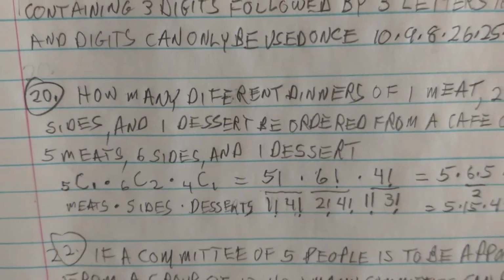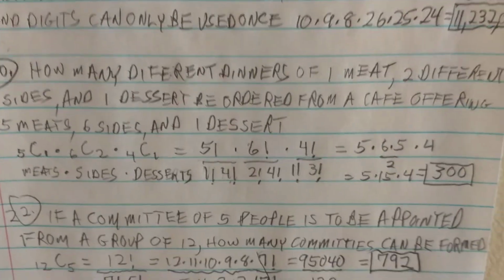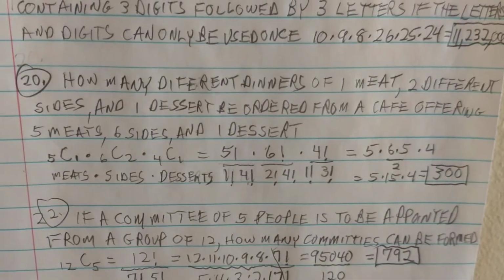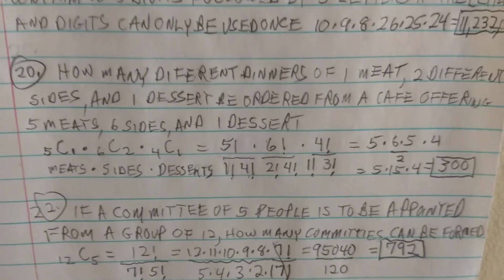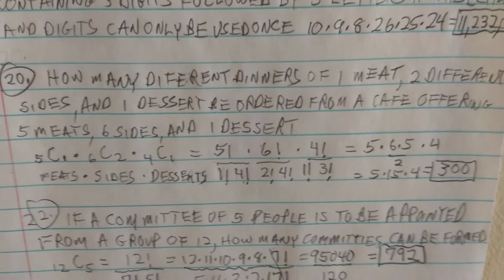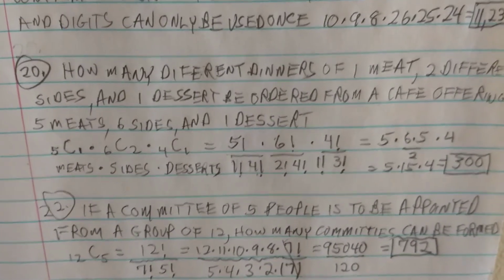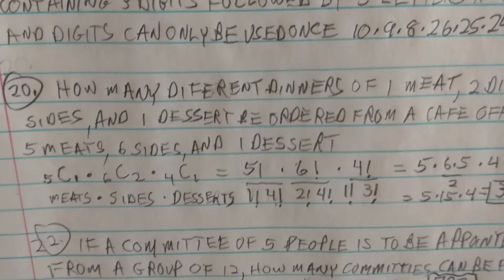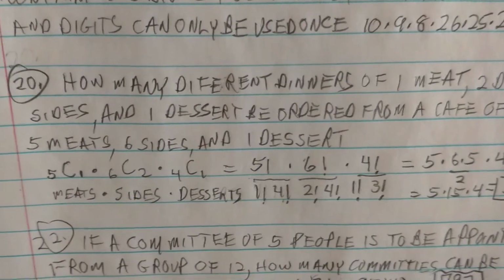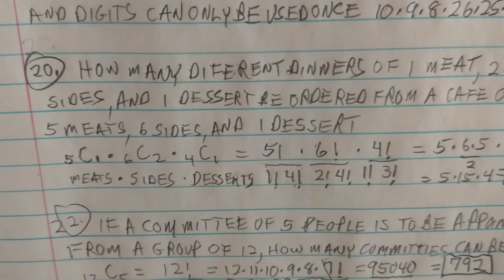Now on 20, how many dinners of 1 meat, 2 different sides, and 1 dessert can be ordered from a cafe offering 5 meats, 6 sides, and 4 desserts? Well, this would be 5C1 for the meats times 6C2 for the sides times 4C1 for the desserts.